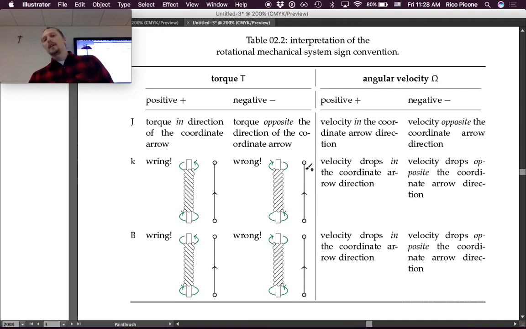So the velocity is higher at the tail than at the head. If you have a negative value for velocity drop across a spring or a damper, that means the angular velocity at the tail is slower than at the head. So you have a velocity gain across the element. And that is the entire table of interpretation.